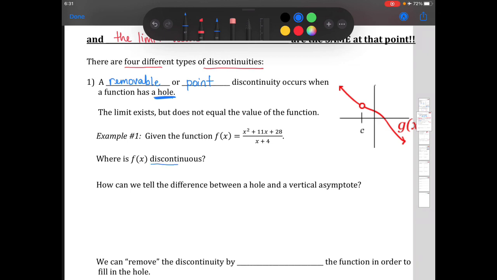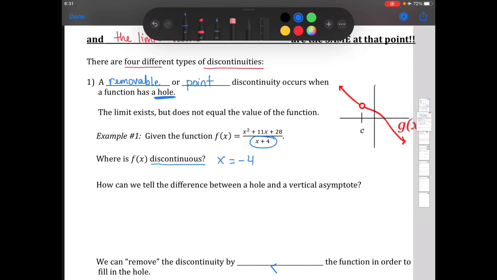Anytime we think about discontinuity, we think about holes or vertical asymptotes, right? So we take the denominator, set it equal to 0, and this would be x equals -4. Now how can we tell the difference between a hole and a vertical asymptote? Let me tell you.